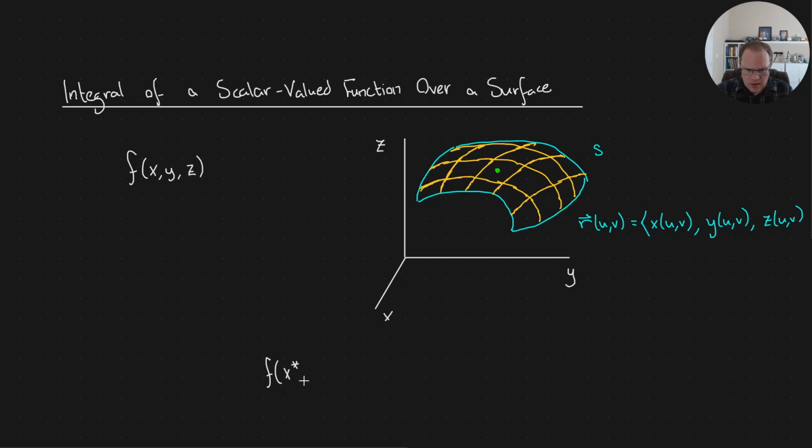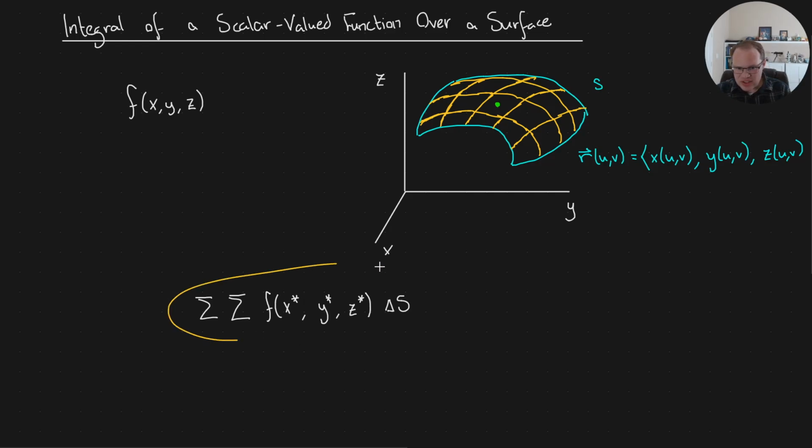Okay, x star, y star, z star, and then I'm going to multiply by the surface area of that little square. So the little surface area of that little chunk, we'll call it delta S. All right? And we want to do this for every little square along our surface. All right, so it's two dimensions, so we're going to need two summations.